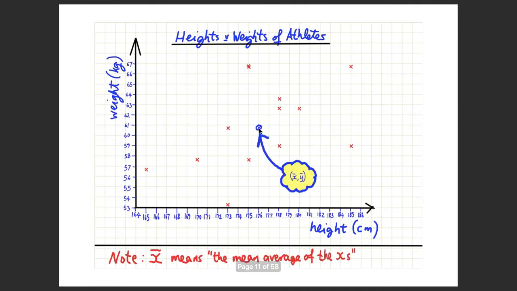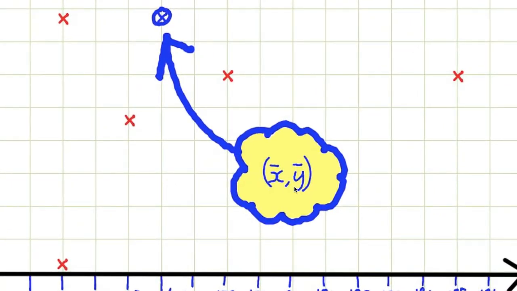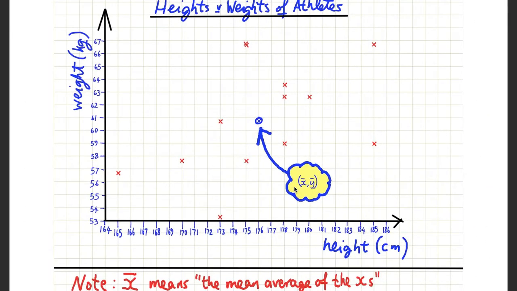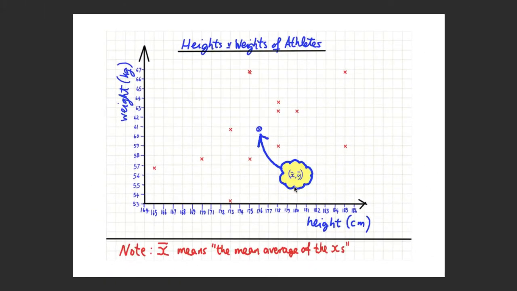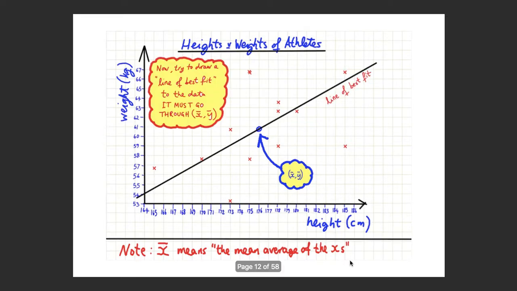So we did that, and there it was. So the average x, the average height, versus the average weight was that point there. So that's x bar, y bar, which means the mean average of the x's and the mean average of the y's. So that bar notation means the mean average. The mean being the average where you add them all up and divide by how many there are.